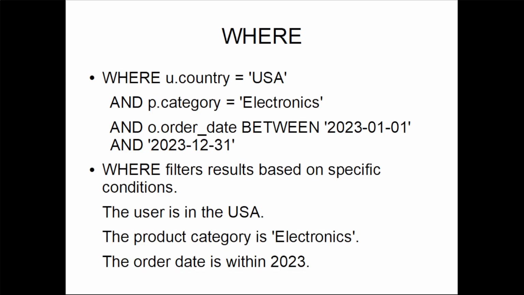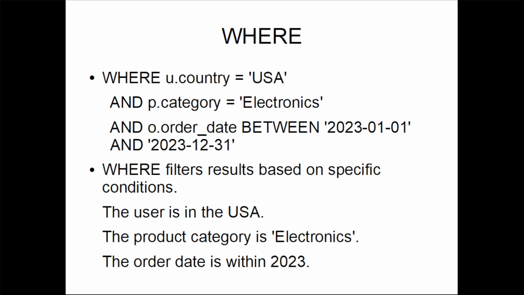Filtering data with where u.country equals 'USA' and p.category equals 'electronics' and o.order_date between January 1, 2023 and December 31, 2023. Where filters results based on specific conditions. The user is in the USA. The product category is electronics. The order date is within 2023.